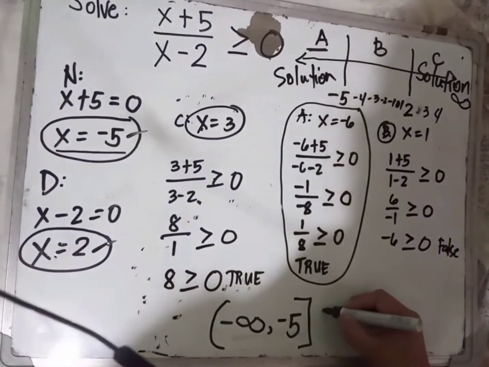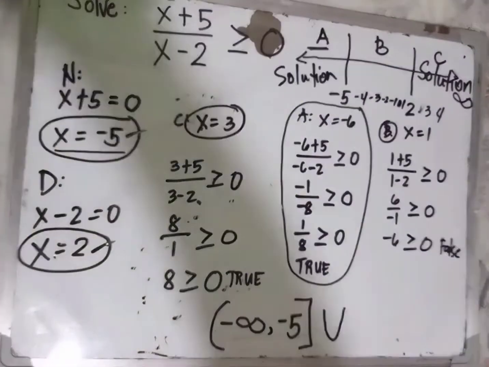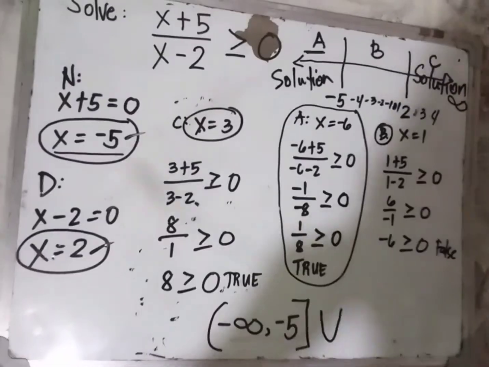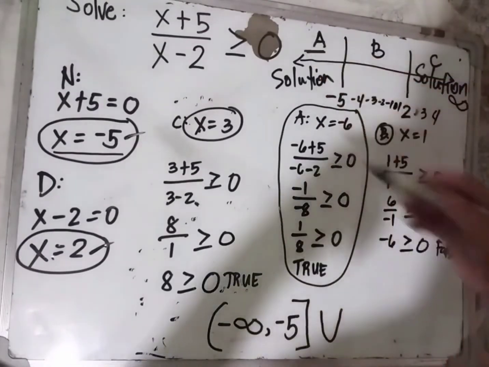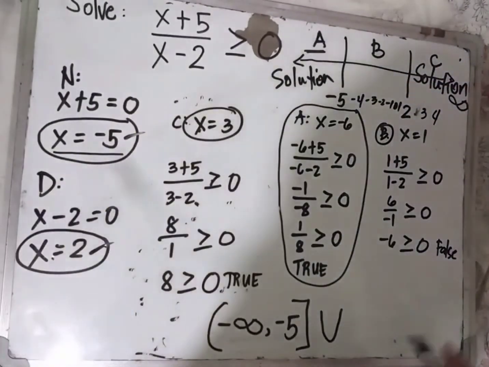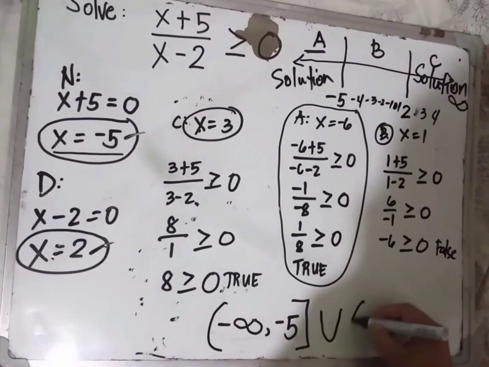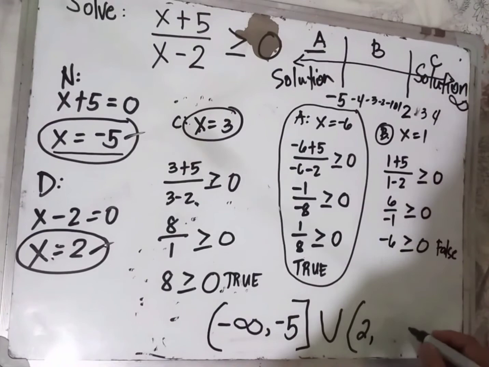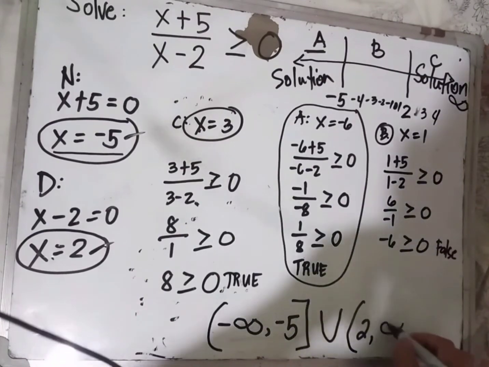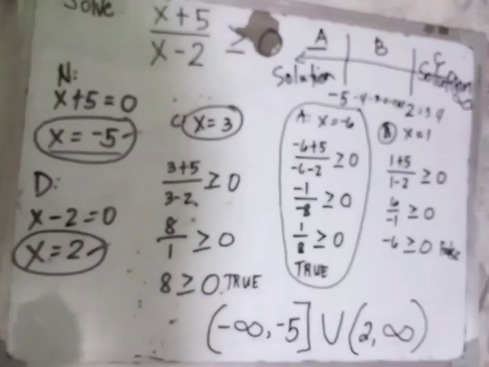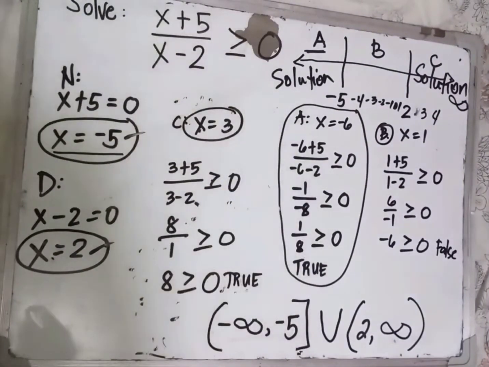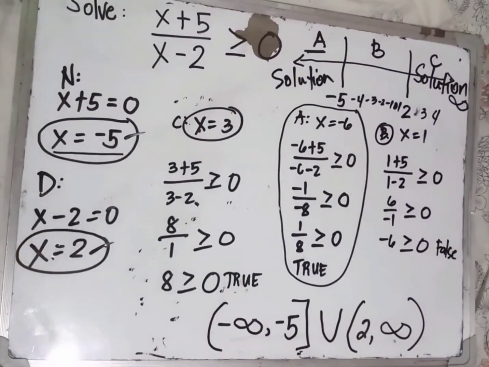Then union. Next, union, since ang solution natin makita natin sa interval A and interval C. So that is from positive 2 to positive infinite numbers. So tingnan natin, bakit sir yung negative 5 bracket yung nakalagay?